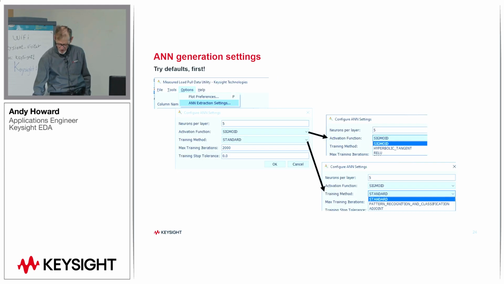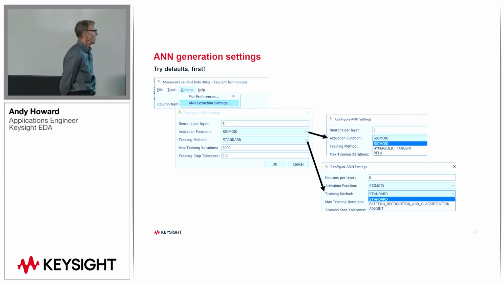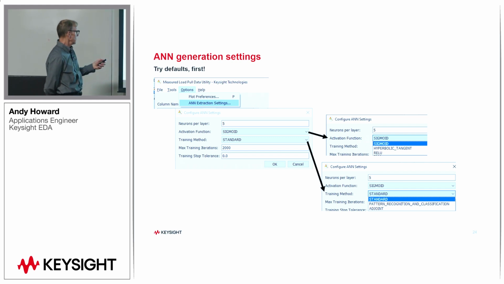If you are knowledgeable about ANNs, you can choose different ANN settings and specify different parameters, like the number of training iterations and the number of neurons per layer.